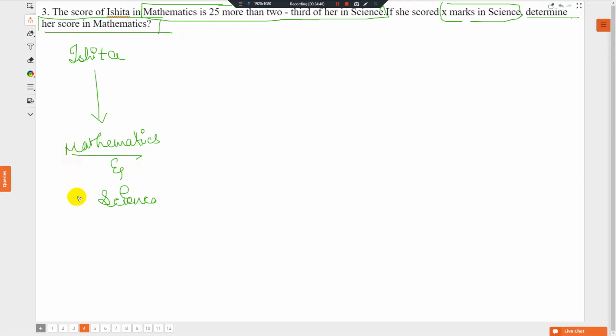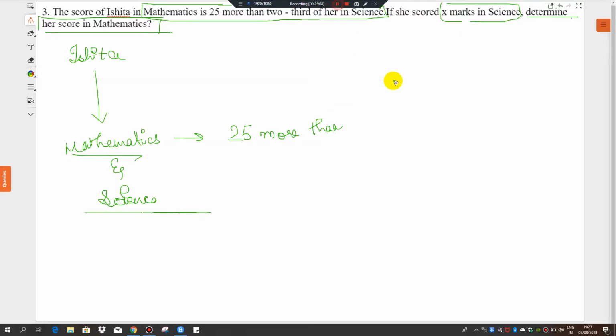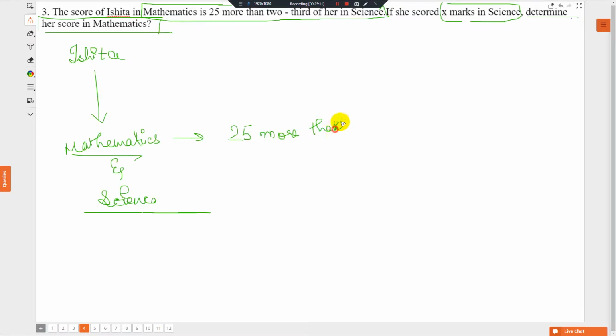Okay, in these two subjects, it's her exam results time. So she had scored in mathematics more than two-thirds of her science marks. Two-thirds is written like this, but you will learn how to write it later.